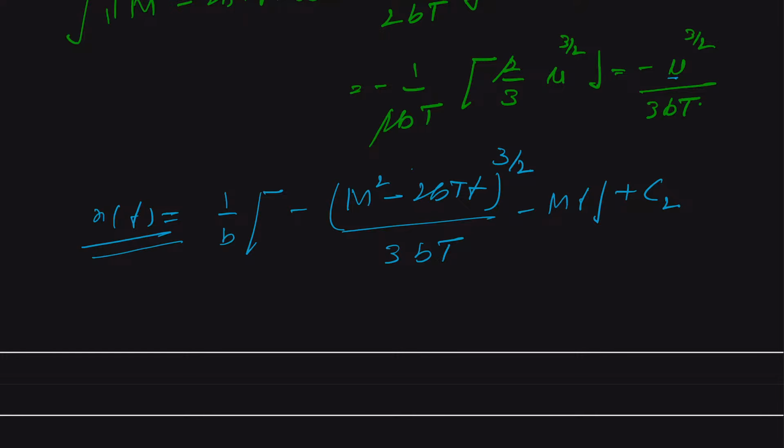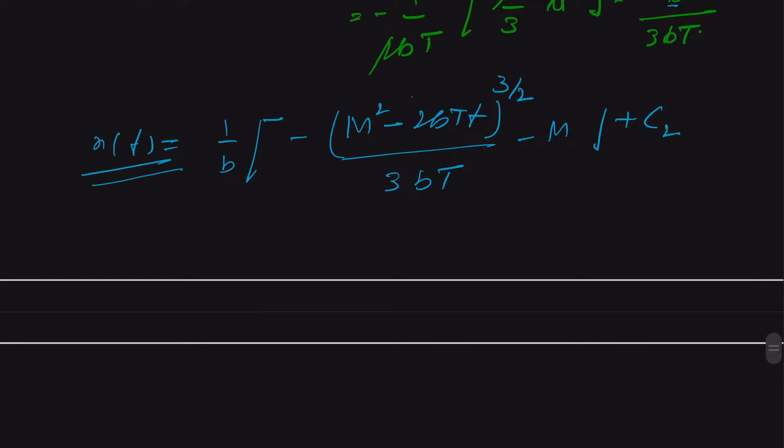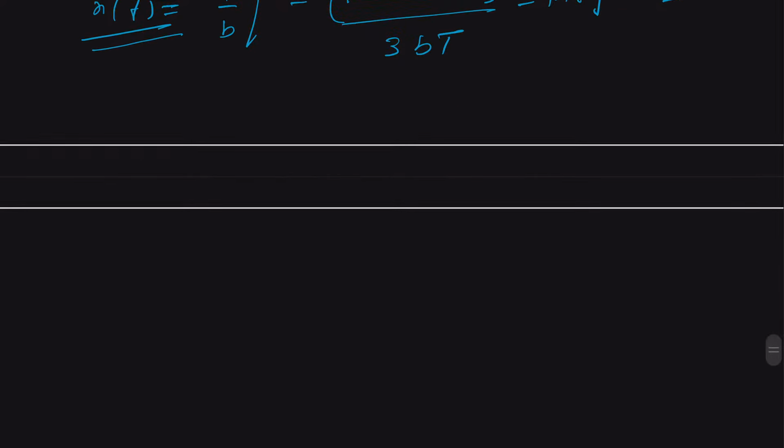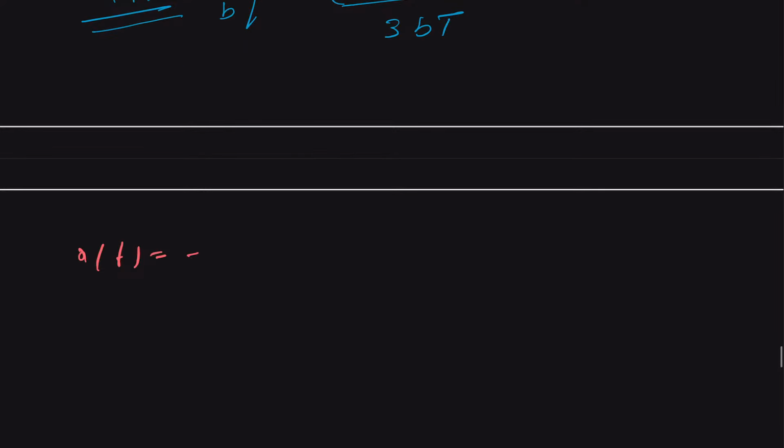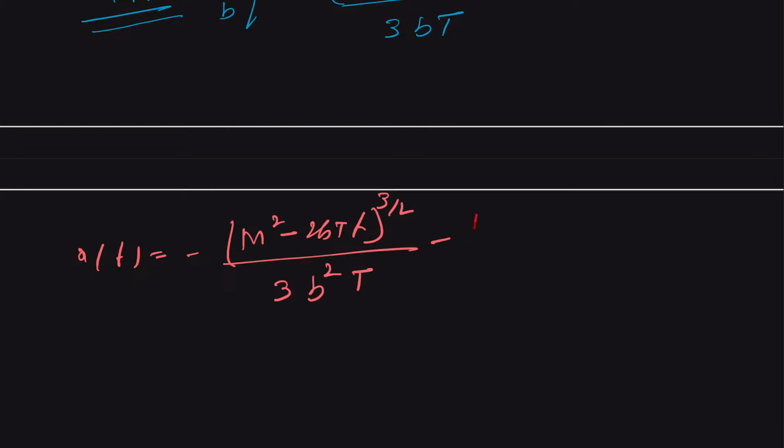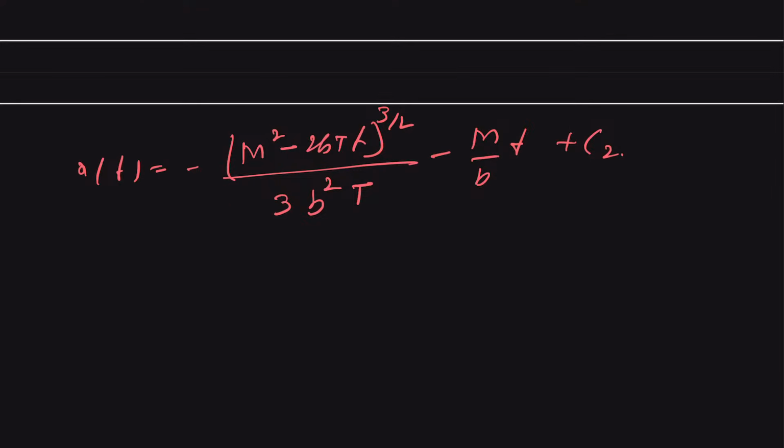Let me open the bracket. So x of t will be equal to minus m² minus 2bt to the power 3 by 2 over 3b²t, minus m upon b times t, plus c2.